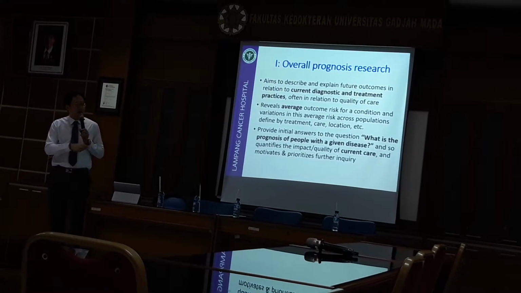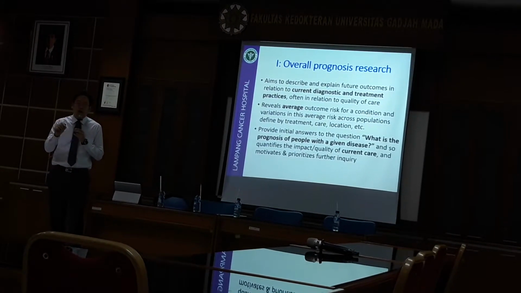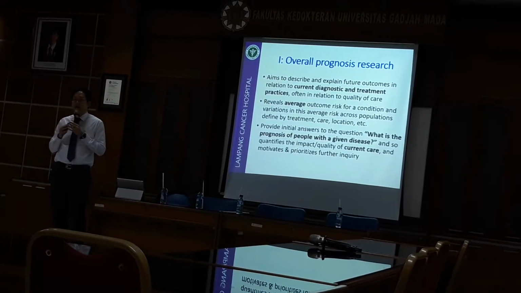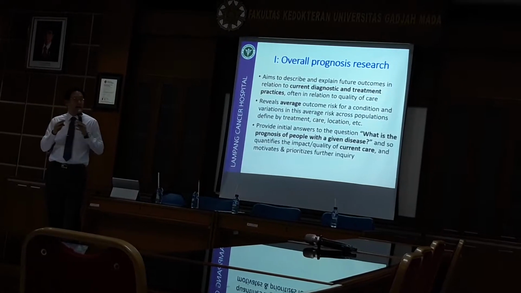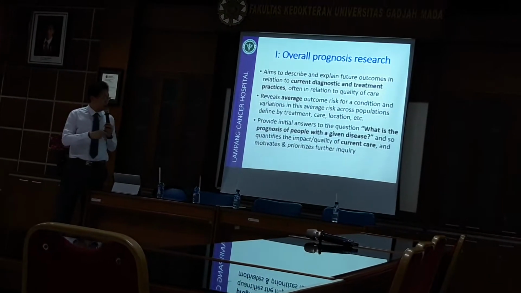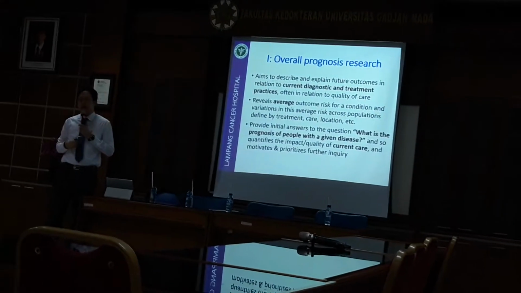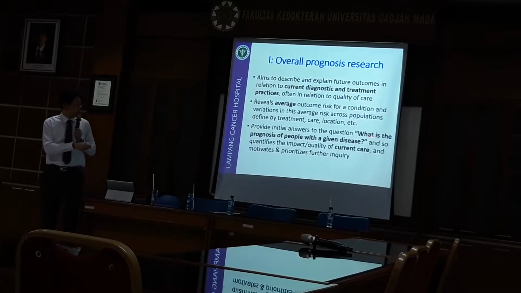So overall prognosis research does not deal with the clinic, like the individual patient, but the big picture of public health, to see the prognosis of the population in your area. I will show you later how to use this information to deal with policy. Okay?